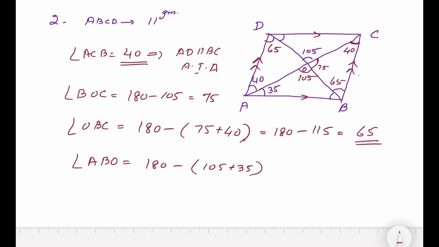That is in triangle AOB, angle sum property. So 105 plus 35, 140. So 180 minus 140 is 40. So ABO is 40.